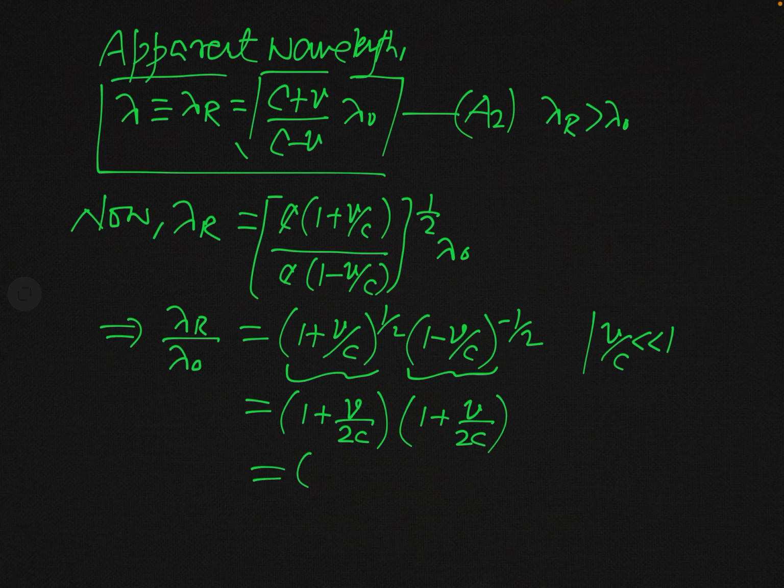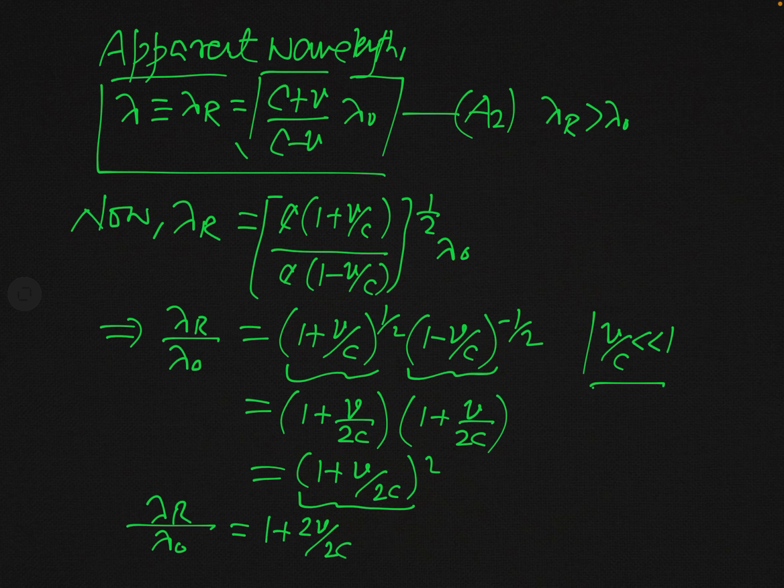Here minus minus will be plus, and so this is simply 1 plus v over 2c whole square. Again we will make the binomial expansion under this same limiting condition, and we will get that lambda r by lambda naught is equal to 1 plus 2v by 2c. That is, you can say this is 1 plus v by c.